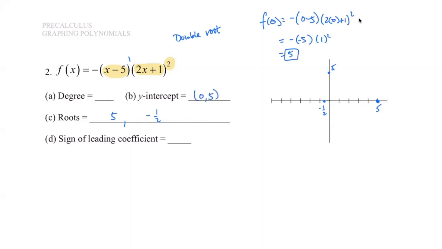Now let's find the degree and the sign of the leading coefficient. From the first video of this series, I said that you may multiply the first term in each factor all together. Make sure you also take care of the square, or any kind of exponent.